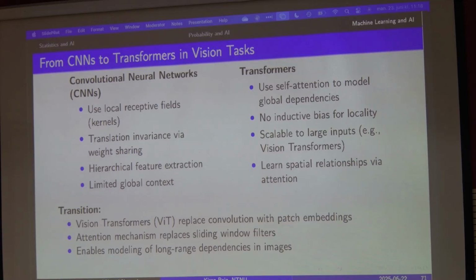But what it fails is CNNs fail to capture the global context, and that's where the transformers actually come into the picture, right? So they use self-attention models to model the global dependencies. There is no bias for locality, because there are no local receptive fields. And then they are also scalable for very large inputs, especially if you look at the success of vision transformers.